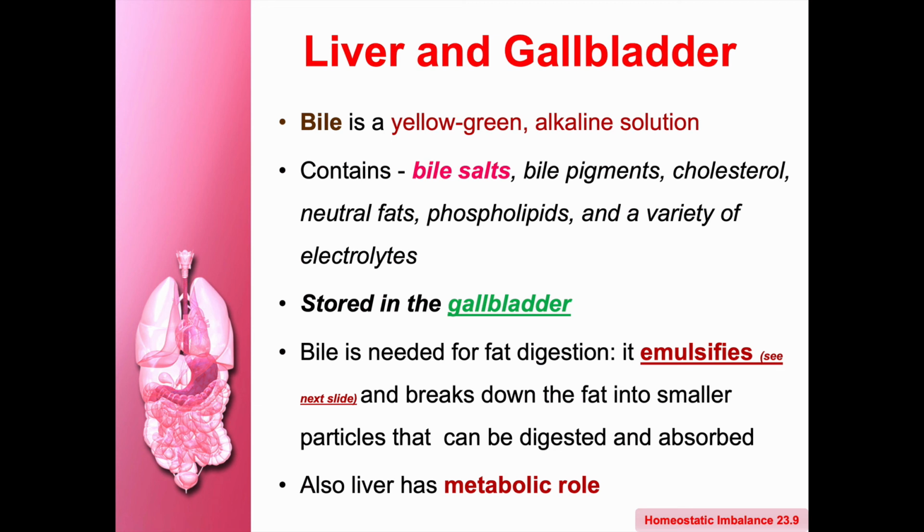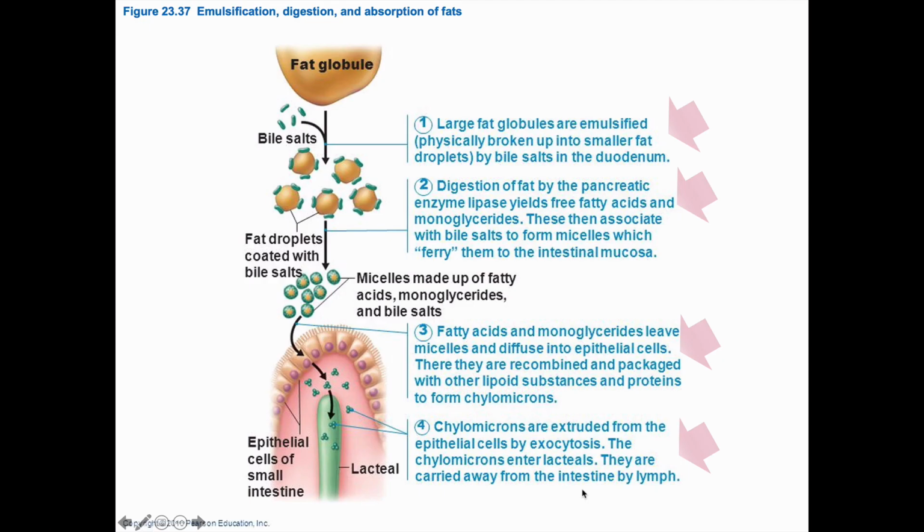Then the gallbladder, as I told you, stores the bile juice and increases the concentration. The bile mainly emulsifies the fat and breaks it down into smaller substances. It has a main role in fat metabolism. When the fat molecule comes to the duodenum, these bile salts go and cover the fat molecule.